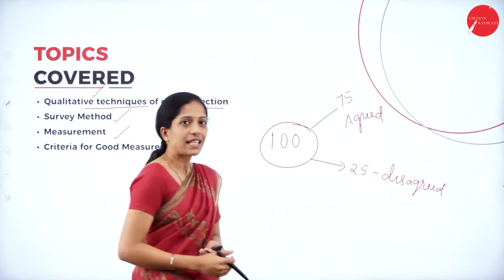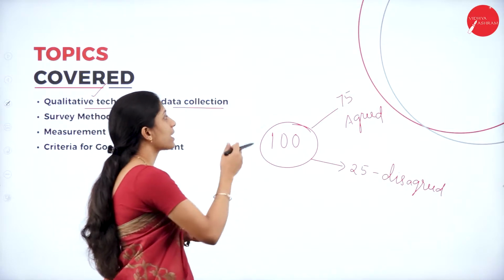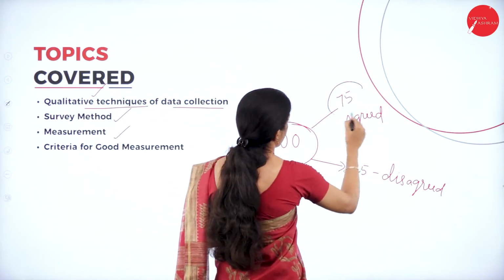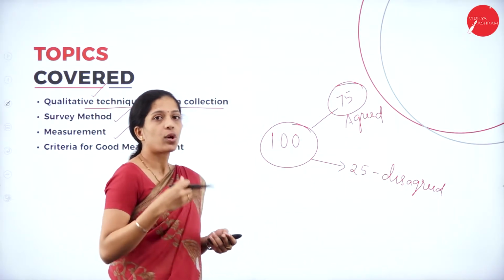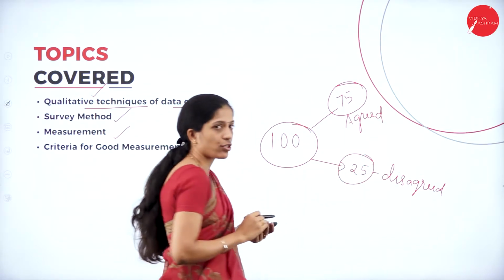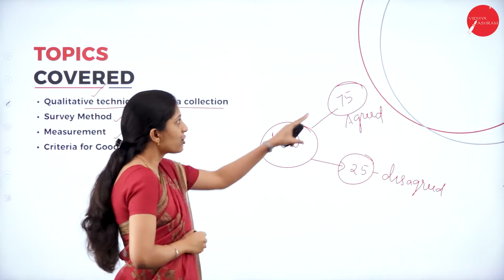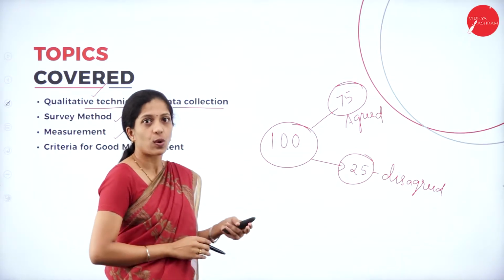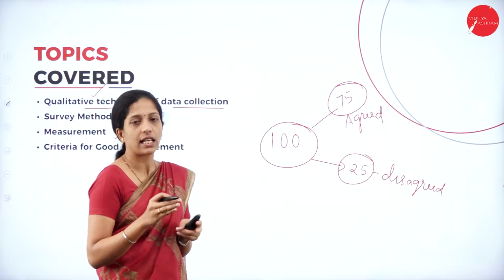Now, through scaling methods, we come to know the number of respondents that have agreed, that is 75, and the number that have disagreed to a particular question. This numbering is known as what? Scaling. That is using the scaling techniques.